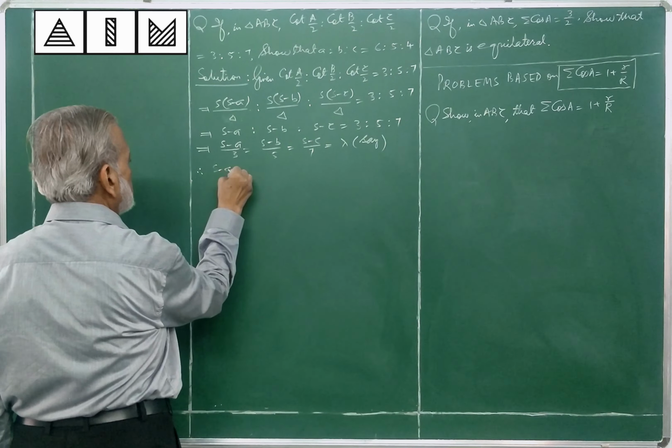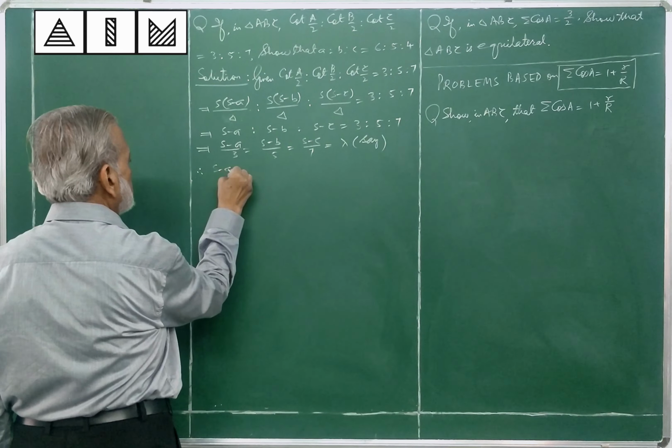S plus S plus S, 3S minus (A plus B plus C) is equal to 15 lambda. This is 15 lambda. Proceed. 3S minus 2S is equal to 15 lambda, or may I say S is equal to 15 lambda.